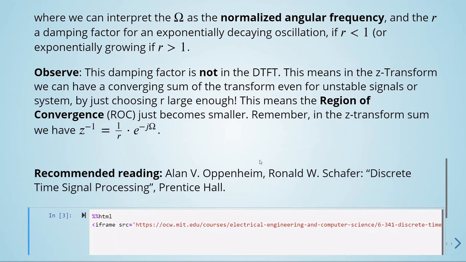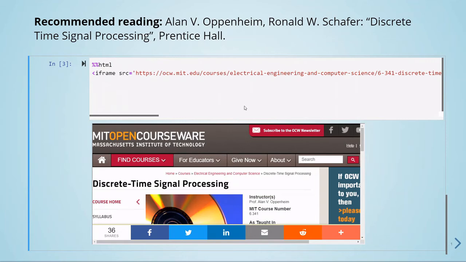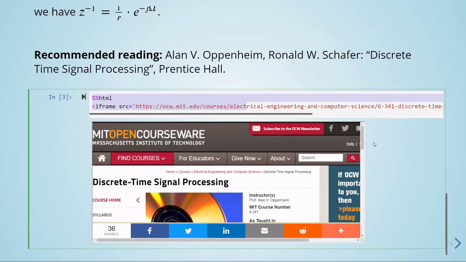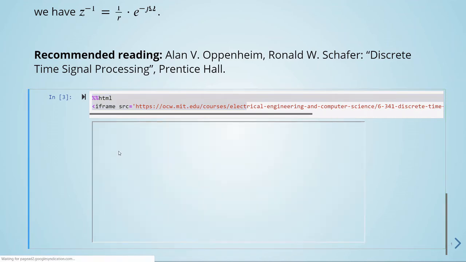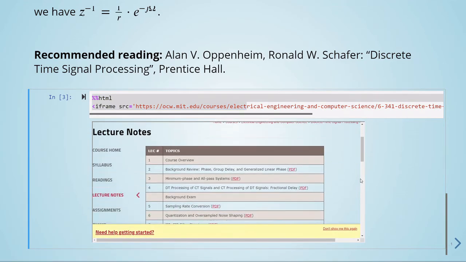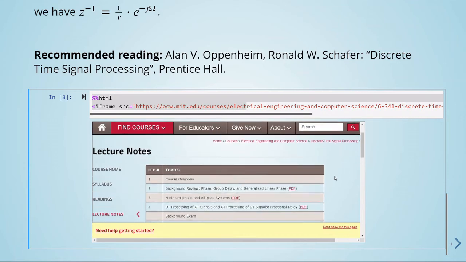So the recommended reading for this part is Discrete Time Signal Processing by Oppenheim, and we can also see there's an MIT OpenCourseWare. This is the class offered by Professor Alan Oppenheim, Discrete Time Signal Processing, and we find here many interesting things like lecture notes on different topics.